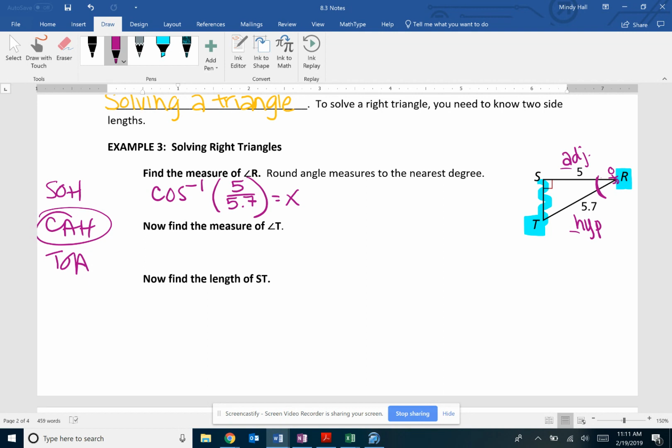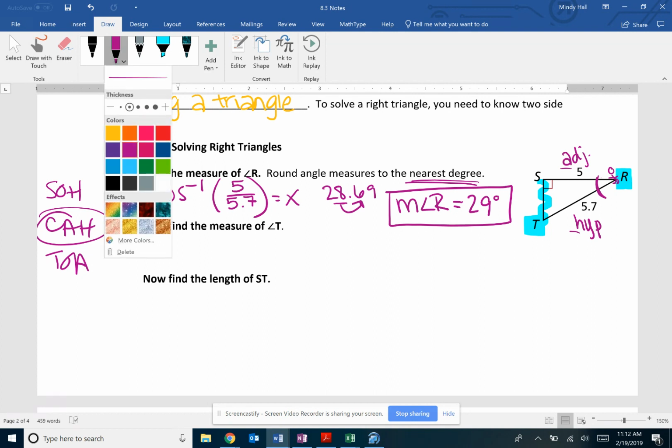So cosine inverse of 5 over 5.7 equals x. So inverse cosine, oops, calculator turned off, 5 divided by 5.7 is 28.69, but again, nearest degree. That 6 tells me to round up, so the measure of angle R equals 29 degrees.